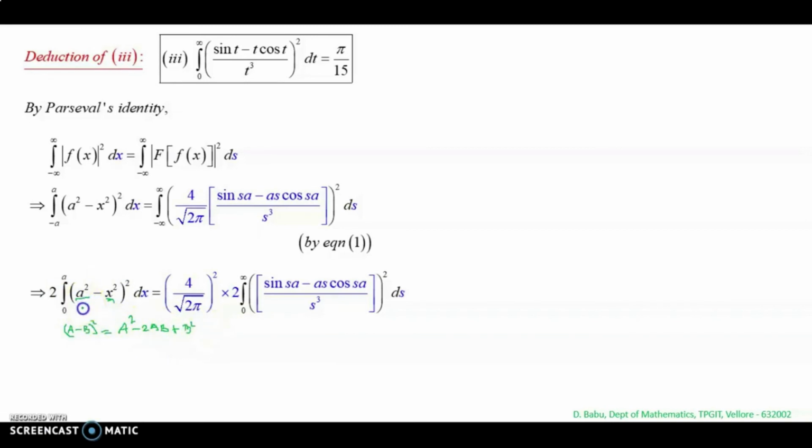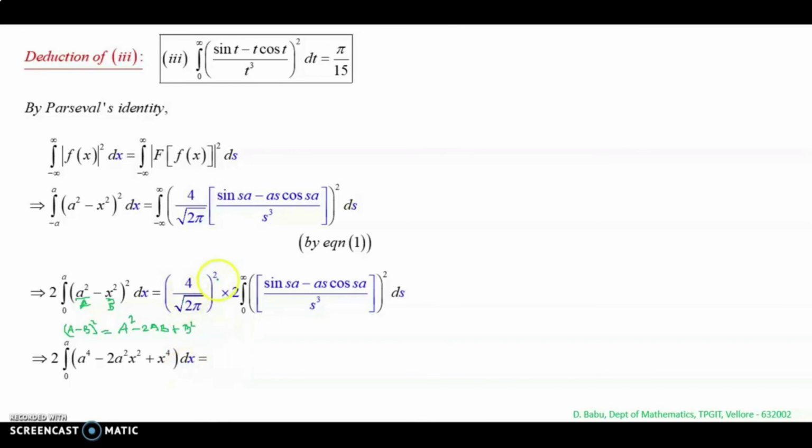Here this is capital A, this is capital B. So applying the formula, 2 times integration 0 to a, a square the whole square equals a power 4, minus 2 a square into x square, plus x square the whole square is x power 4, dx.